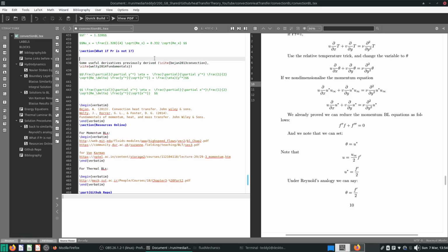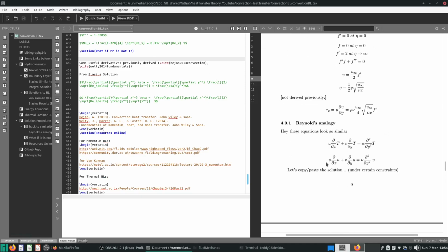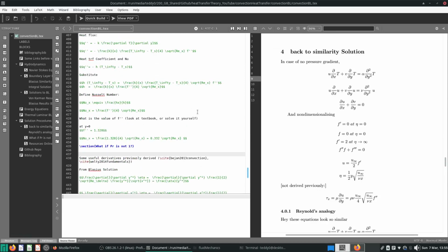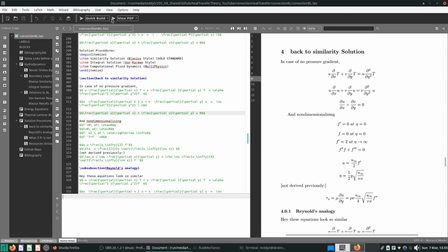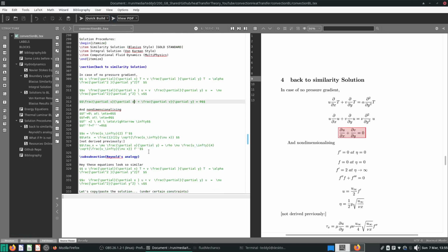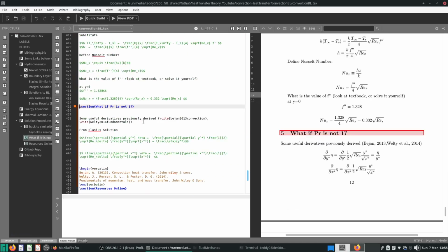We have the Blasius solution, and of course the relevant boundary conditions. Non-dimensionalizing will be here. So this is all our Blasius set of differential equations that we copy and paste.